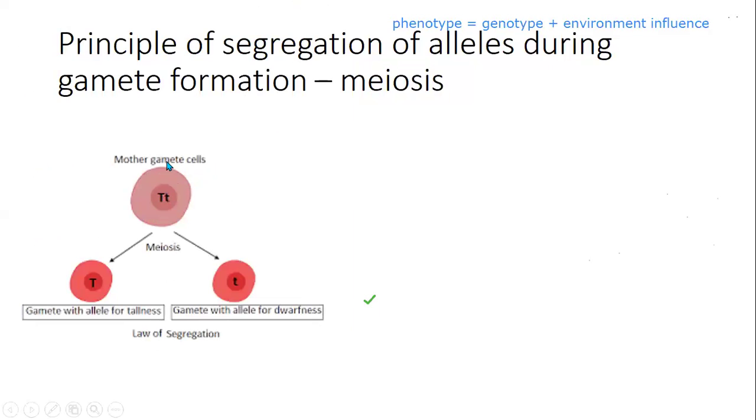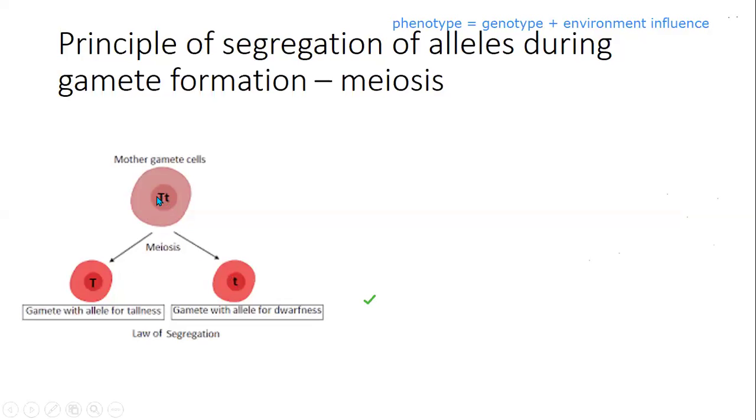So assuming this is a female egg cell, which is going to form daughter cells, which we call ova. If this female egg cell carries capital T and small t, it means at meiosis, half of the gametes will carry capital T and the other half will carry small t.